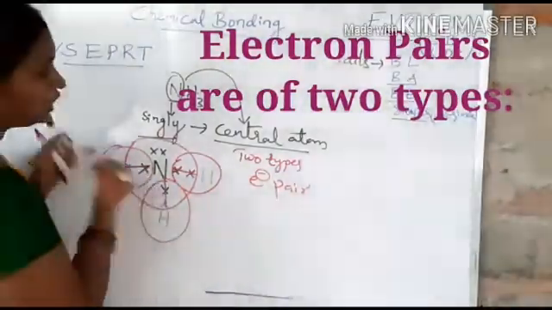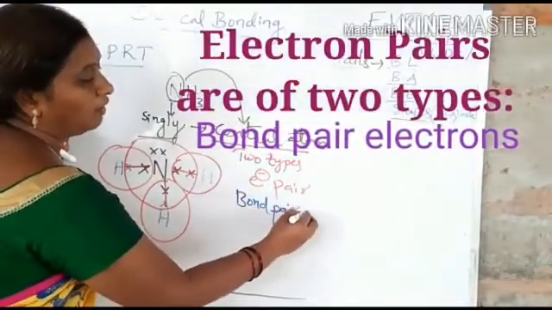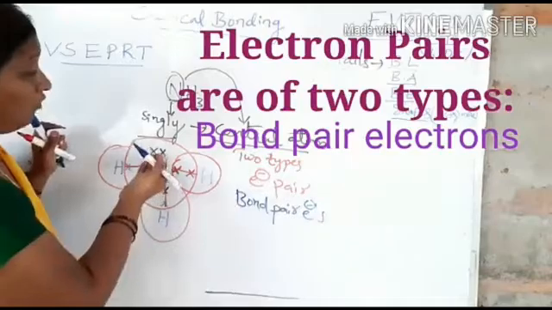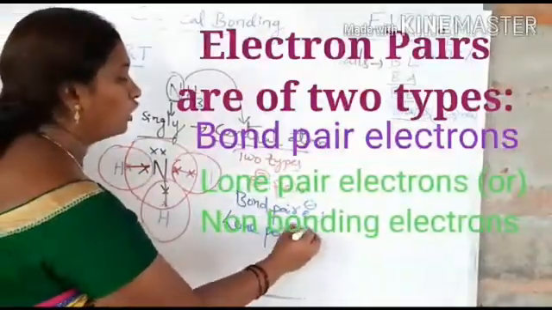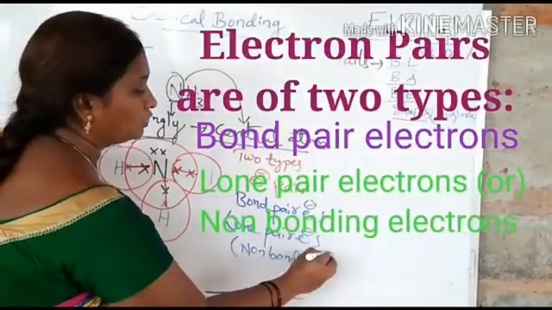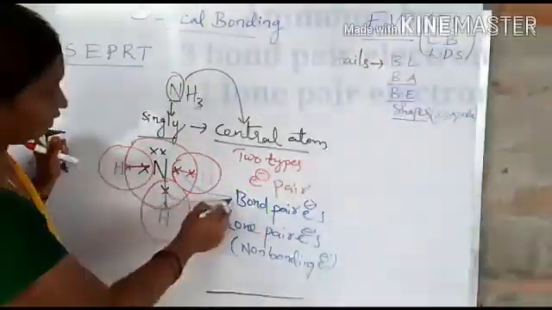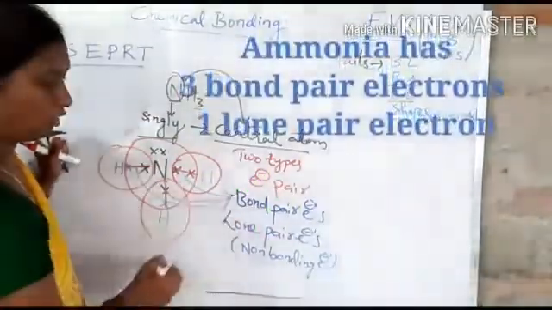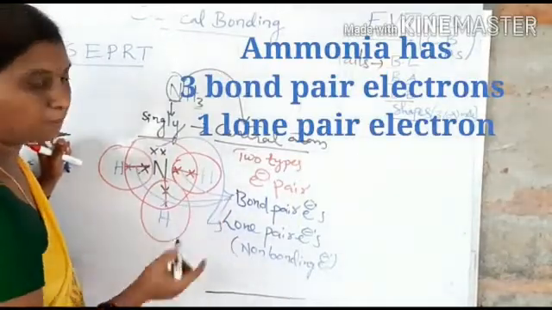The electron pairs which are present in the bonds are called bond pair electrons. The electrons which are not present in the bonds are called lone pair electrons, also called non-bonding electrons. Okay students, here these 3 are bond pair electrons and this one is the lone pair.